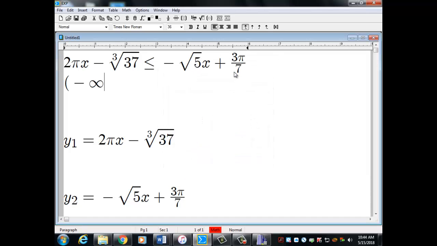We would say it's negative infinity to, what did we say that was? 0.56 or 55? 0.55 to, and put a bracket on the 55. Does that make sense?